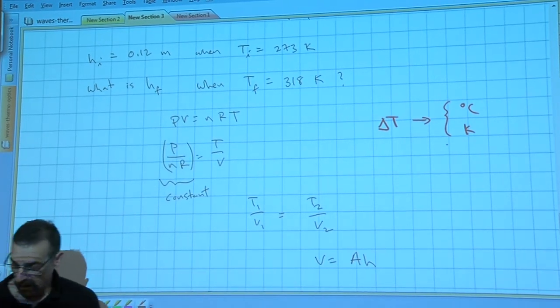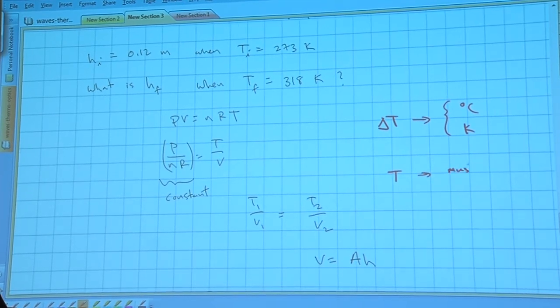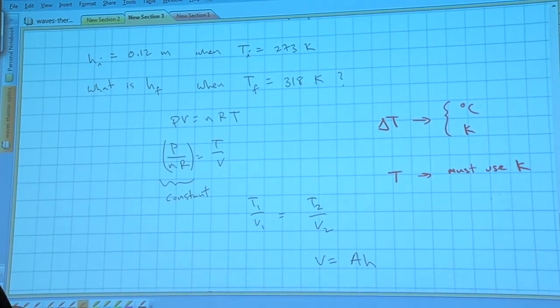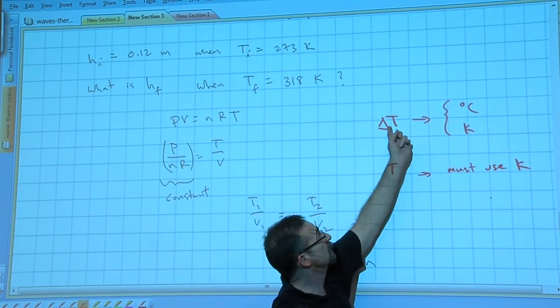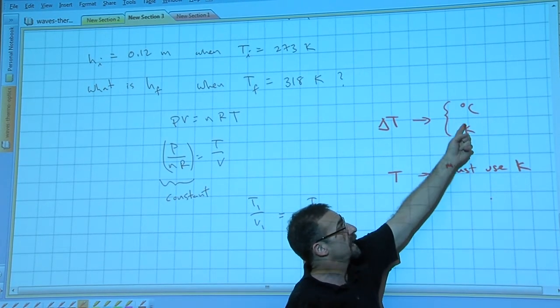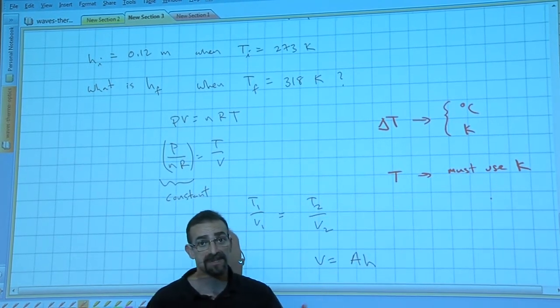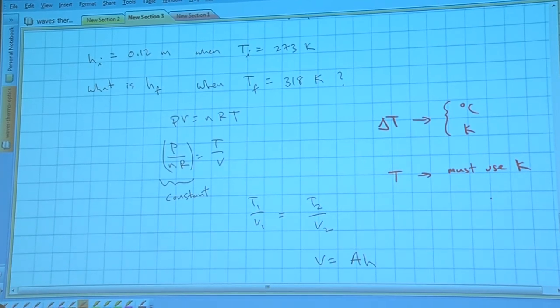If your equation has a T in it, you must use Kelvin, because delta T is a difference between two temperatures, and both of these scales have the same increment, so the delta T would be the same for either of those scales.